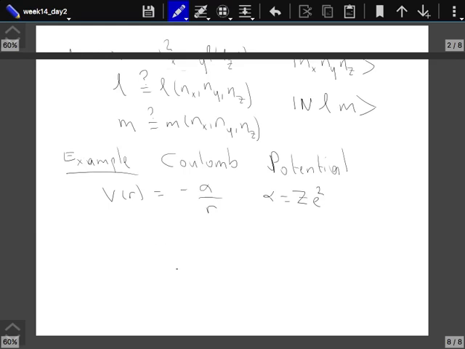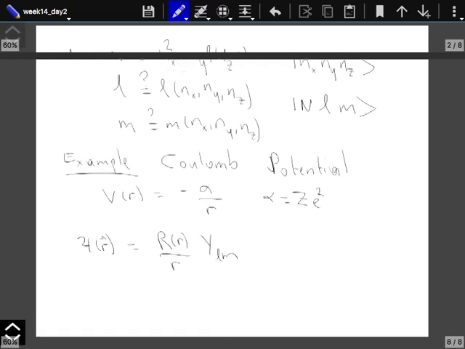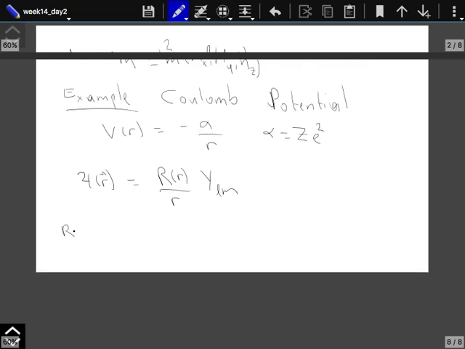And it's again a spherically symmetric problem, so basically we do exactly the same steps. The wave function, we can write it as the radial part times spherical harmonics, and for this radial part you can just look at its asymptotic behavior. This divided by r should be like r to the power L at small distances.